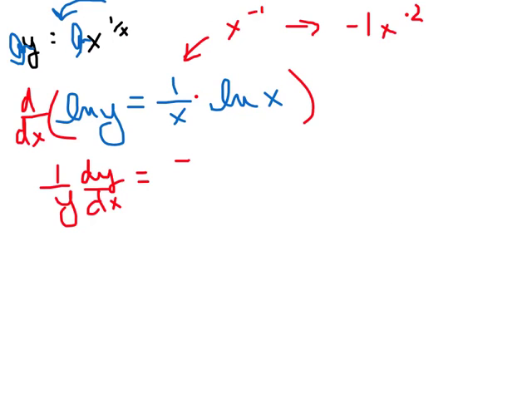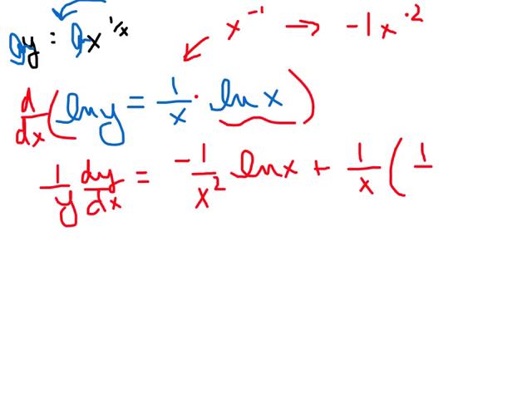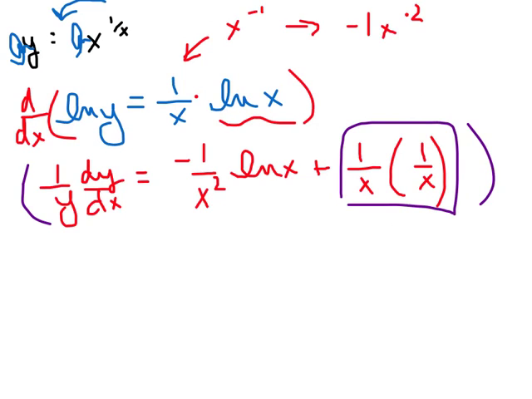So derivative of the first times the second plus derivative of the second times the first. So maybe I'll do two things in one here. I'm going to just simplify this and multiply everything through by y.